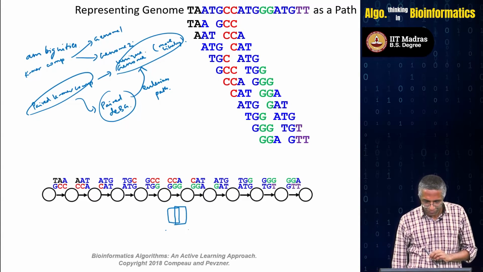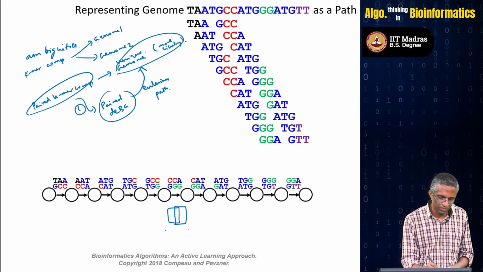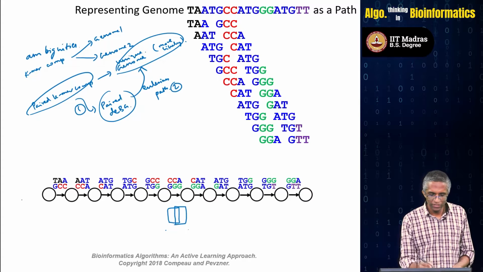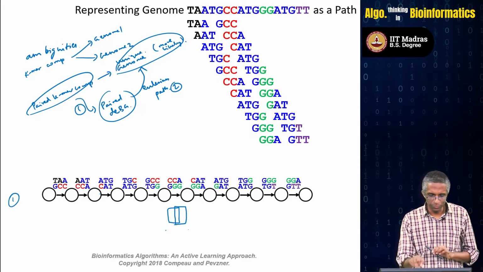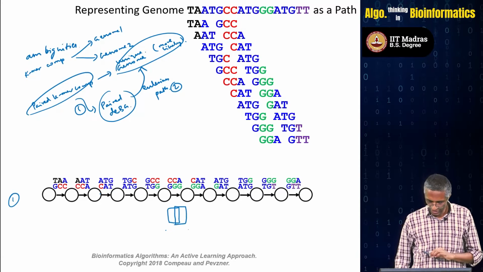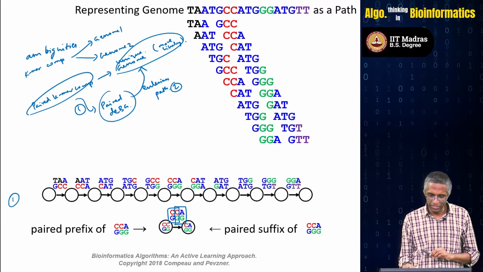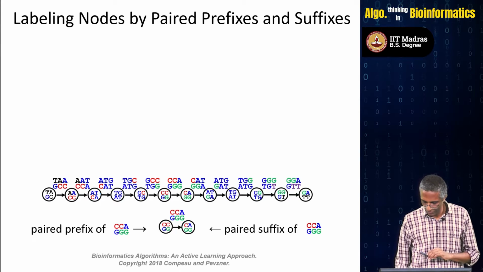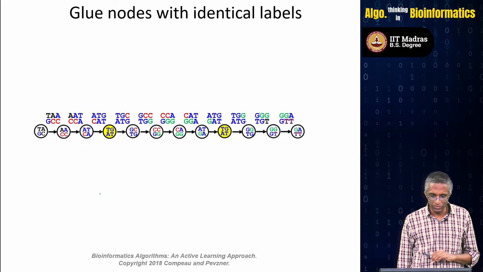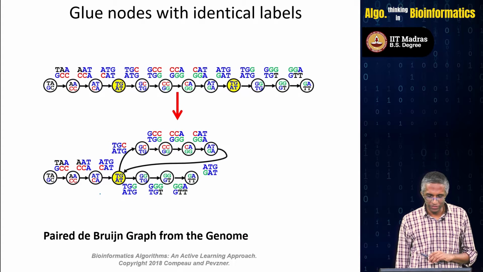And to do that, we first need to construct this paired de Bruijn graph. So this is step 1 and this is step 2, right? Step 1 is what is shown here. We have each of these paired k-mers written on the edges, and then the paired prefix and the paired suffix are the nodes, right? And then we go ahead and glue together all of them. So there is a TG/AT here and a TG/AT there, and we glue them together.